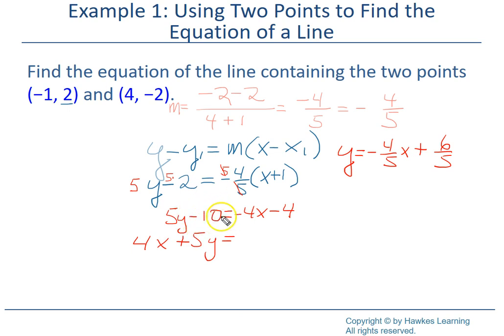And now I'm going to bring this over to this side as a positive 10, and a negative 4 gives me a 6. So now this is in standard form, and this is in slope-intercept form, and I found it by going from 2 points, finding the slope, then using the point-slope form, and substituting, and then solving for y, and then also getting standard form.